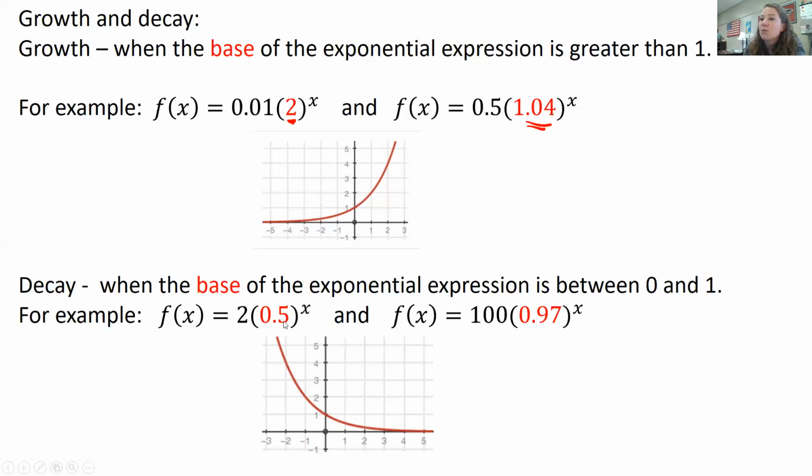If it's greater than 1, it's showing growth. If it's less than 1, like both of these on the bottom, it's showing decay. That first number is not that important. Like this one, it is less than 1, but it's going to be growth because the base is greater than 1. So don't look at the first number, look at the base.